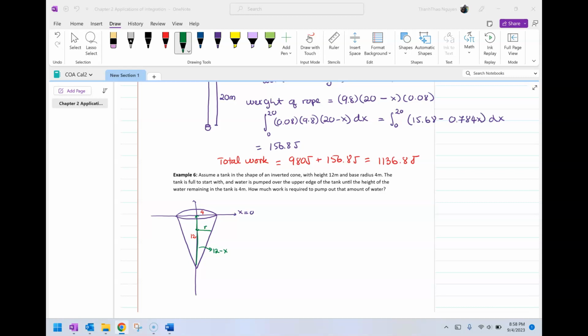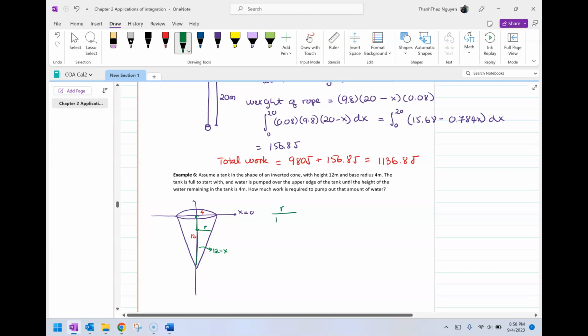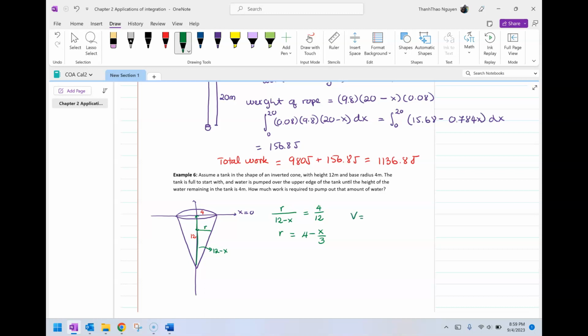R over 12 minus x equals 4 over 12. Solving for R, R equals (4 minus x) over 3. That's the radius changing over time. So the volume of each layer of water being taken out at a certain time is V equal to pi times R squared, pi times (4 minus x over 3) squared. That's the volume of each layer of water.